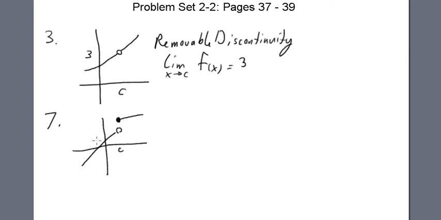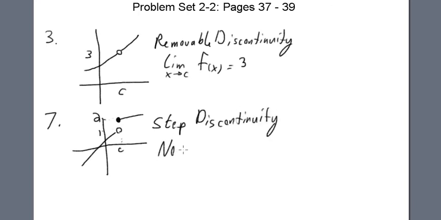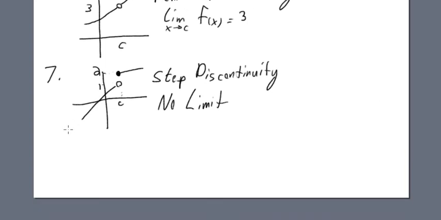Now, c is right there, 1 and 2. If you remember right, this is called a step discontinuity. And it means we have no limit, at least no limit in the definition that we've been looking at so far. These are pretty simple and straightforward.